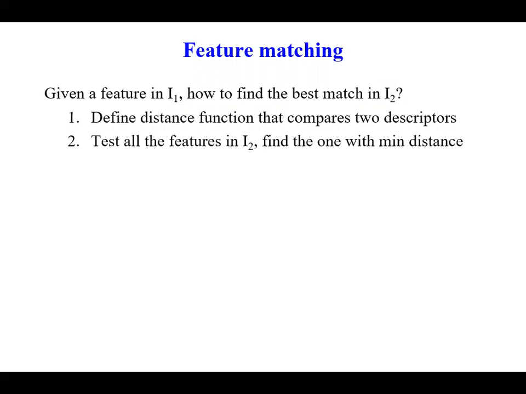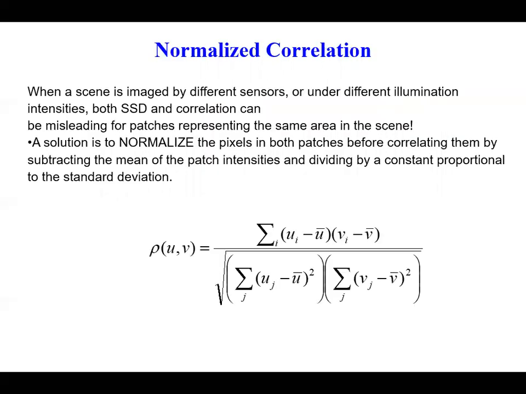Then I will test all the features in I2 and find the one with the minimum distance, for instance if I calculate it through the sum of the square difference. But if I choose to use the normalized correlation, that might be another option.